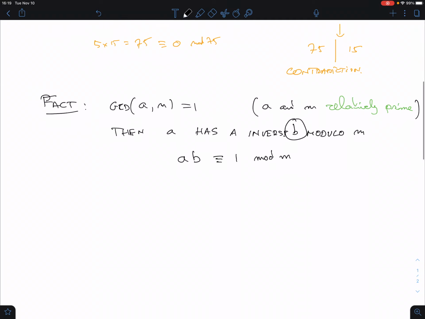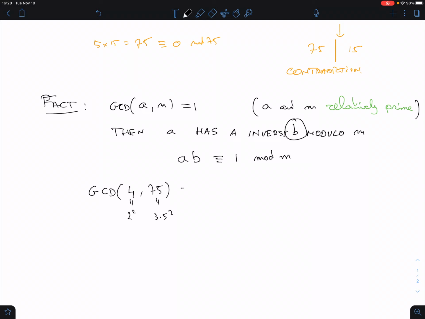So in our case, what's the GCD of 4 and 75? We could do the Euclidean algorithm, but we can also very easily see this. We know the prime factorization: this is 2 squared, and this is 3 times 5 squared. You see they have no primes in common.